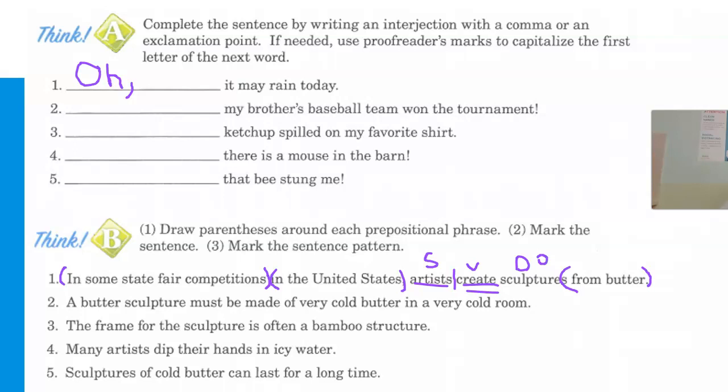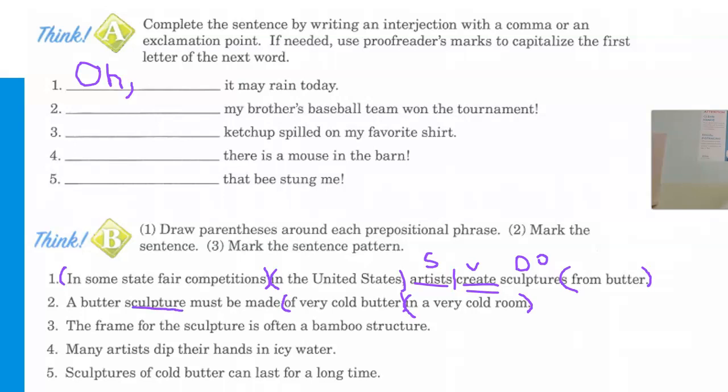A butter sculpture must be made of very cold butter in a very cold room. What's our first preposition? Of. So of very cold butter, or in a very cold room. So what must be made?